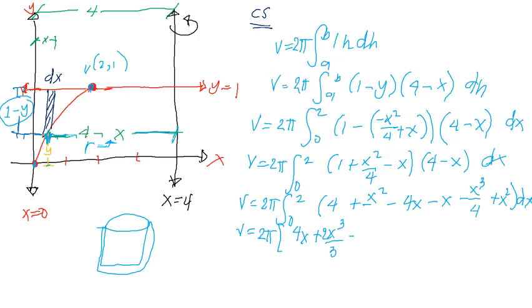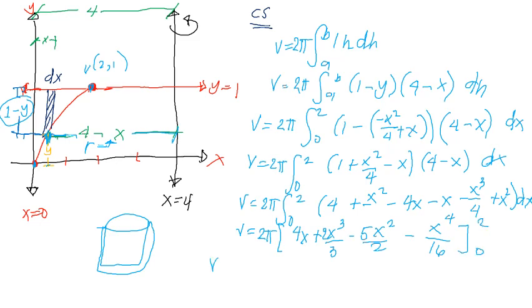Then get the integration, that's 5x squared all over 2, minus x to the fourth all over 16, from 0 to 2.